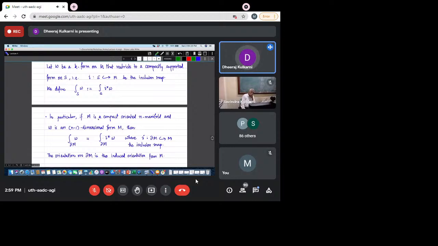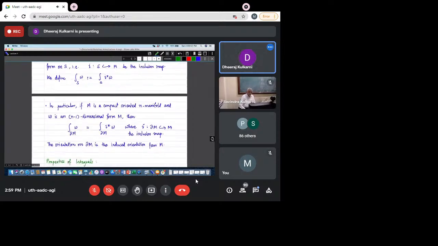Because M was compact, its boundary is also a compact manifold and it gets an induced orientation from M. So we have everything in place to make sense of this integral of the pullback form on the boundary of M. This is essential to go towards the Stokes theorem.